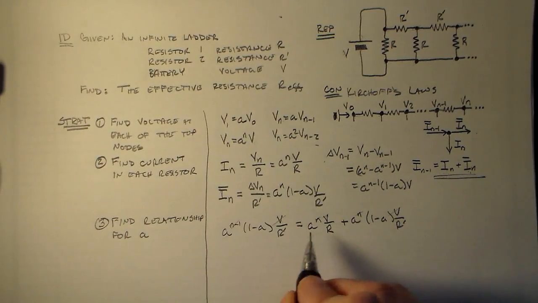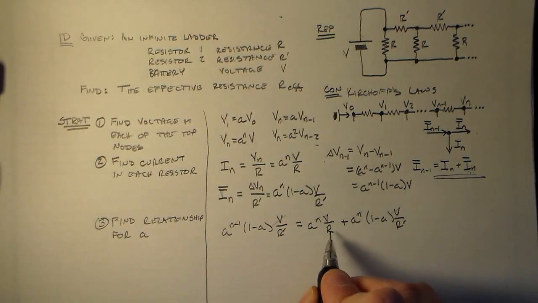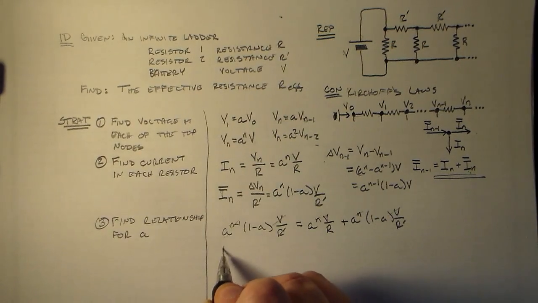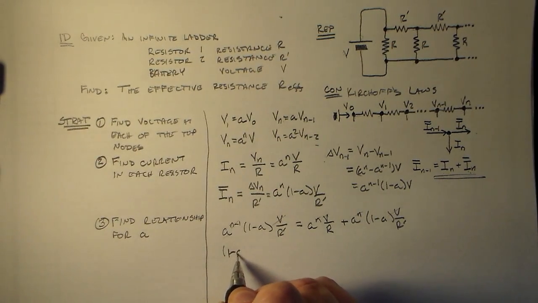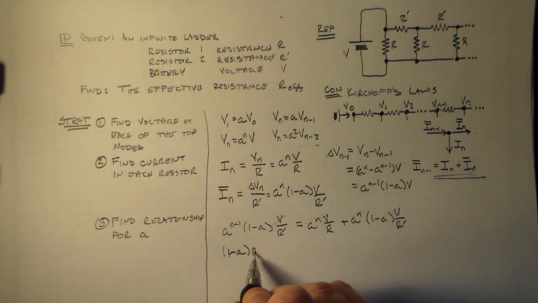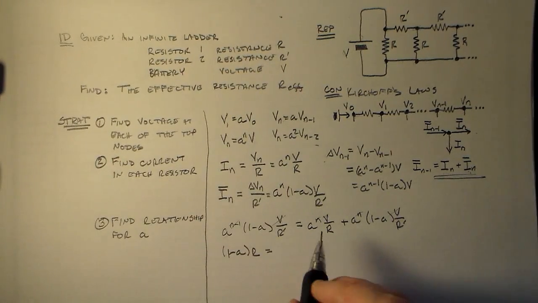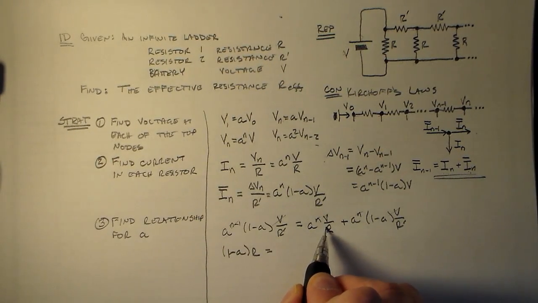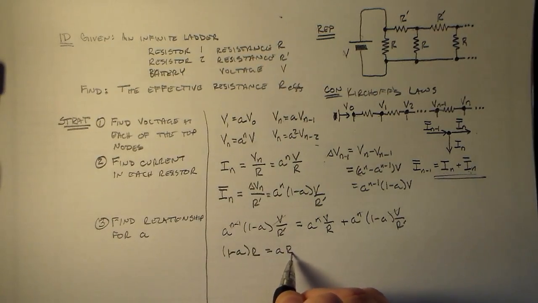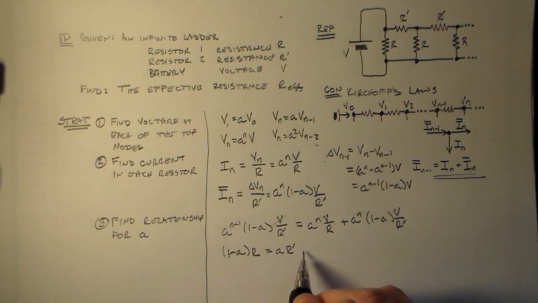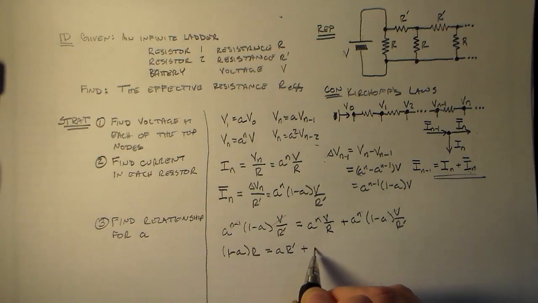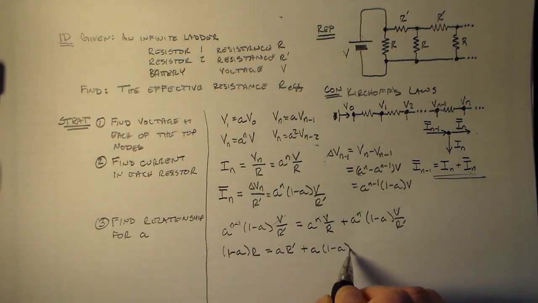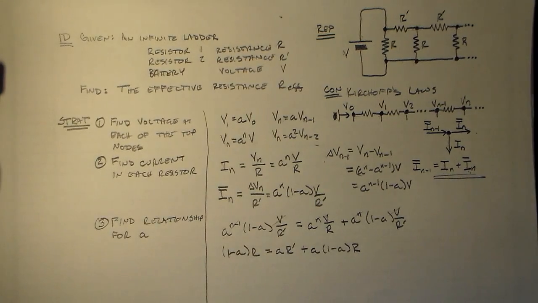Let's start with this one. We have 1 minus A times R is equal to A times R prime, and this is going to be plus A times 1 minus A times R.